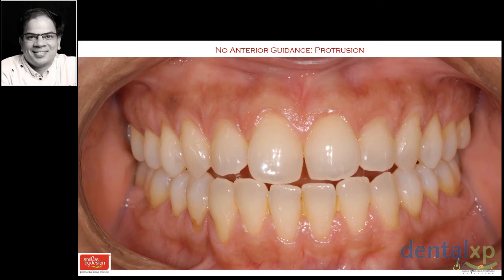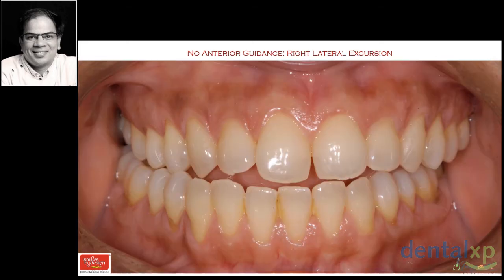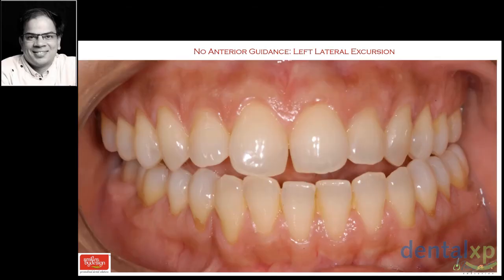And when you go in right lateral excursion, again the guidance is on posterior teeth, it's not on the canines at all. You go in left lateral excursion, the guidance is on premolars, it's not on canines at all, and the non-working side teeth also are touching over here. And this clearly shows that in spite of this type of malocclusion, if I could classify it as that, there is no breakdown of the system.